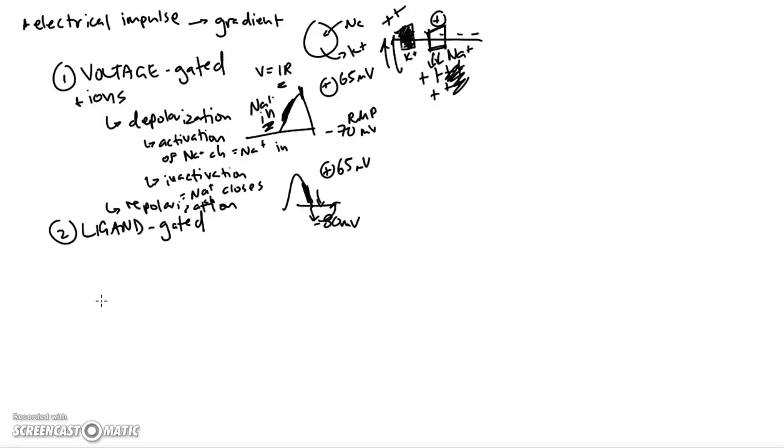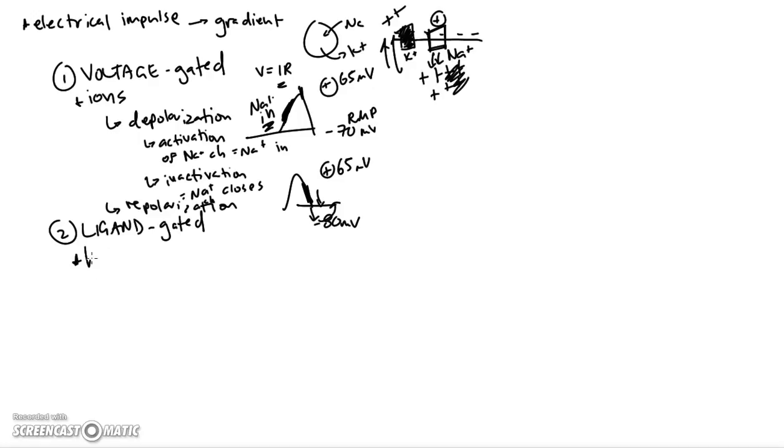Now, the other world in which we can basically affect signals is something called the ligand-gated system. And it is a little bit more complicated, and it has a few more subtypes to it, which all need to be explained in detail. So here, in voltage-gated, we were creating a current through which we can try and move ions through these channels that can open and close. Now the other way is to have a ligand or something come and bind to a certain site and affect a reaction.